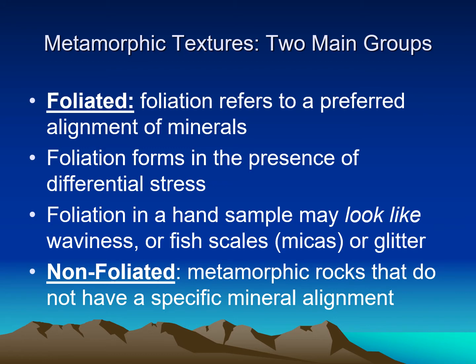And I might ask you to know an example of a foliated metamorphic rock and an example of a non-foliated metamorphic rock. So foliation refers to a preferred alignment or arrangement or orientation of minerals. In other words, they're not random. They're in some kind of alignment.